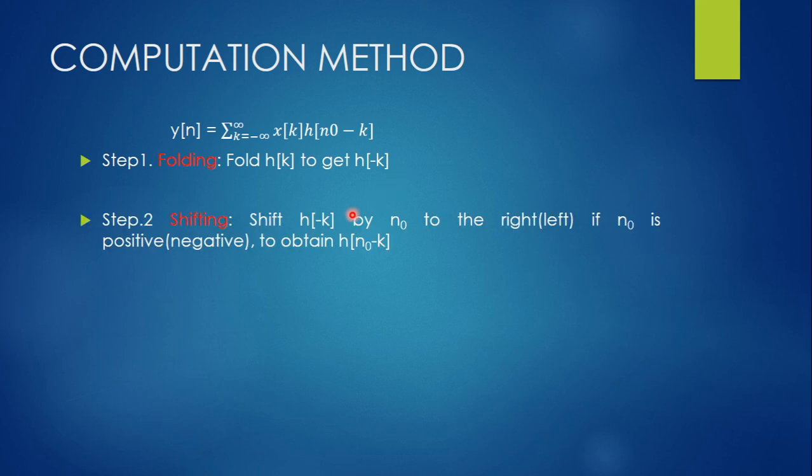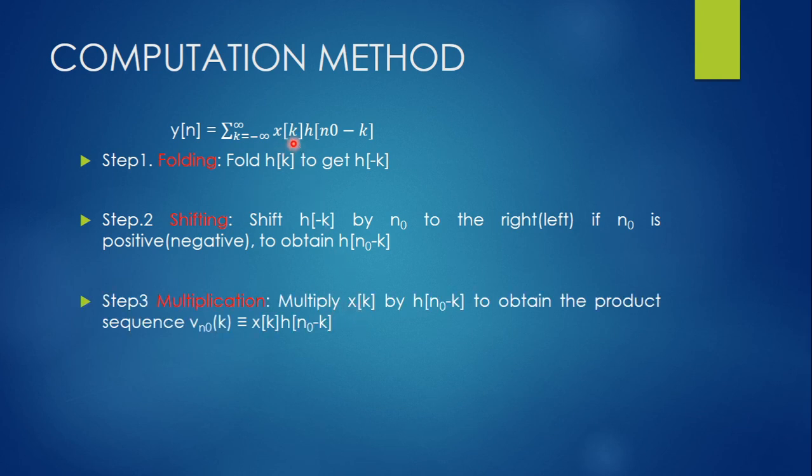Step 2. Then it will be shifted by n0 samples. Now, whether to right or left, it depends on the value of n. If it is positive, then shift it to the right. If it is negative, then it is shifted to the left to get h[n0-k]. Third, it has to be multiplied by this x[k].